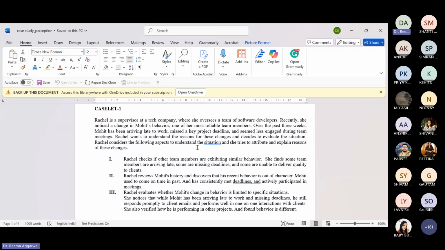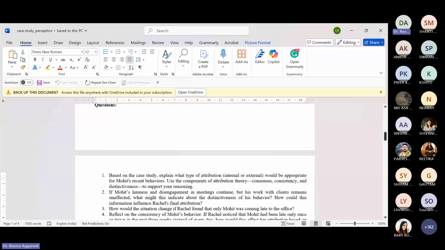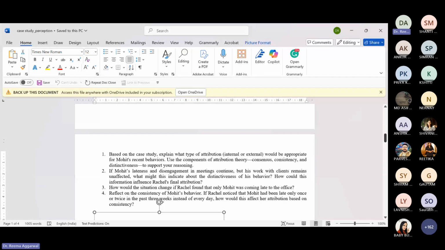And 1, 2, 3 are the points defining what she has explored about Mohit. The question is, based on the case study, explain what type of attribution, internal or external, would be appropriate for Mohit's recent behavior. Use the components of attribution theory, consensus, consistency, and distinctiveness to support your reasoning.